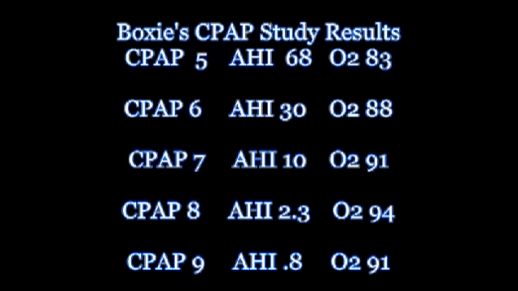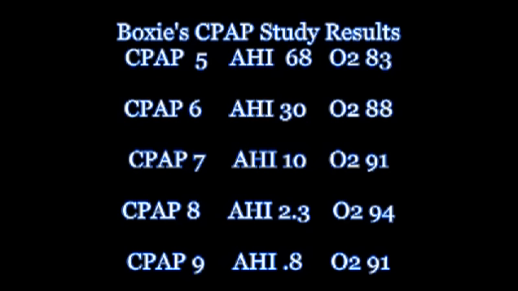At a CPAP pressure of 8, his AHI is down to 2.3, so he's finally in the normal range. His oxygen level's at 94%, and they tested him for a CPAP pressure of 9 also. His AHI at that pressure is 0.8, and his oxygen level is at 91.